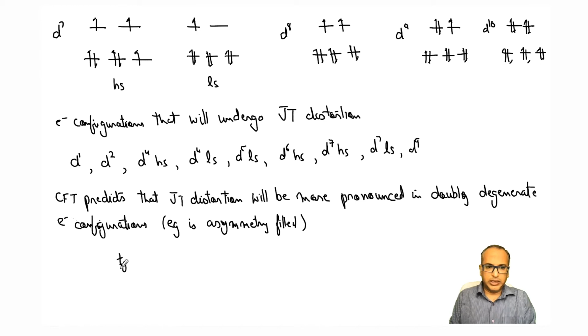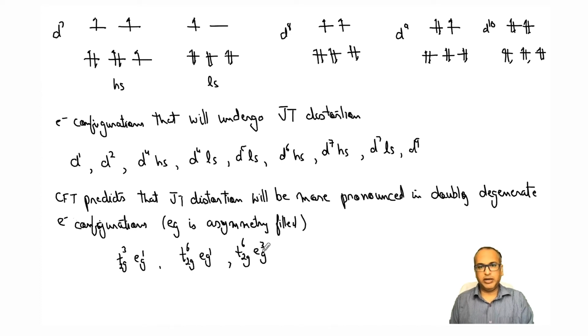So if you say T2G3 and EG1, that is D4 high spin case, right? Then similarly, if you have T2G fully filled and EG half filled and T2G fully filled and EG 3/4 filled, right? So these will undergo doubly degenerate configurations, and the distortion will be higher in these cases.